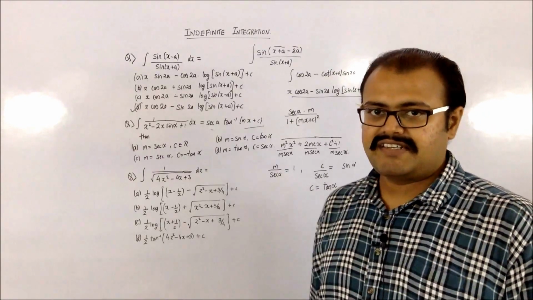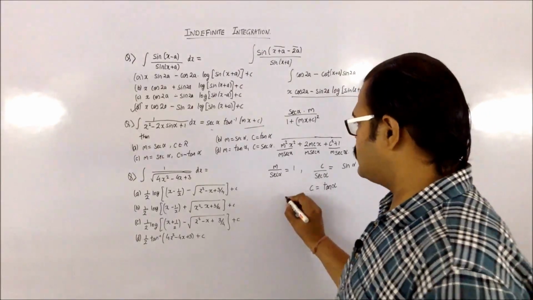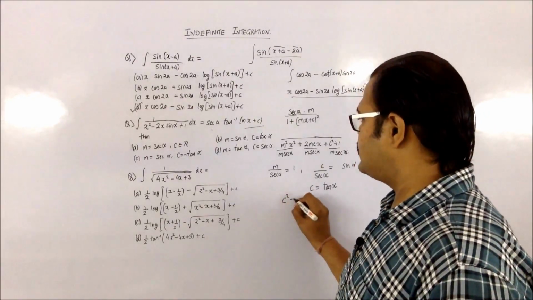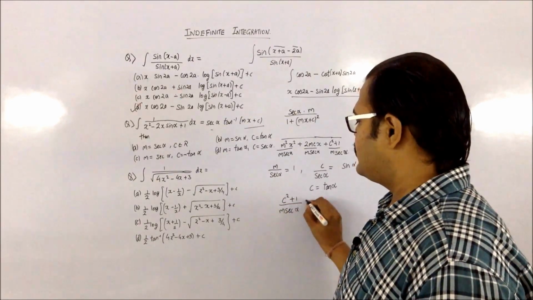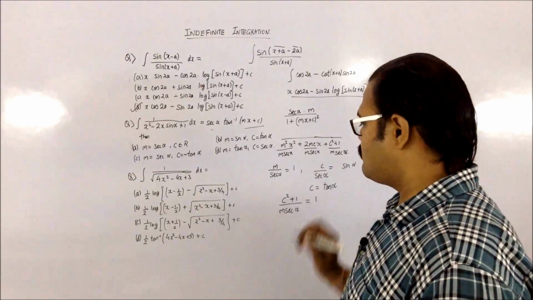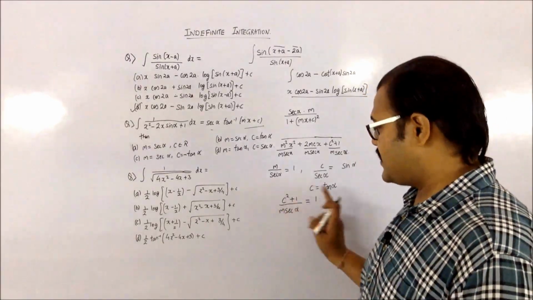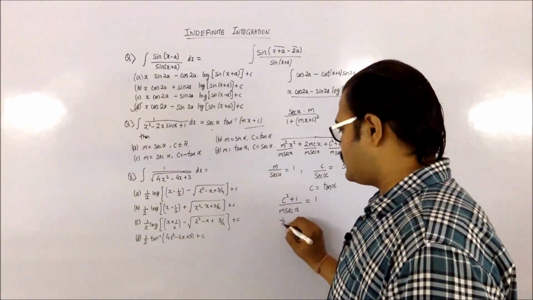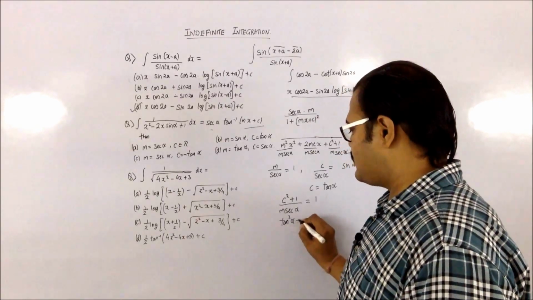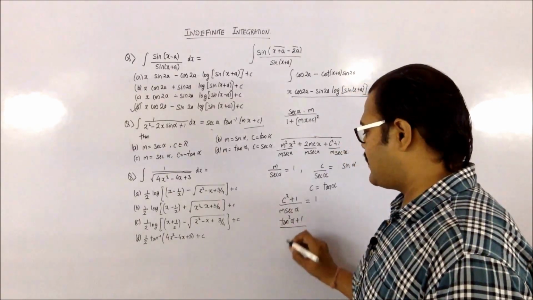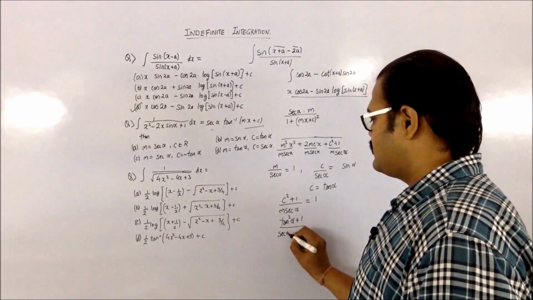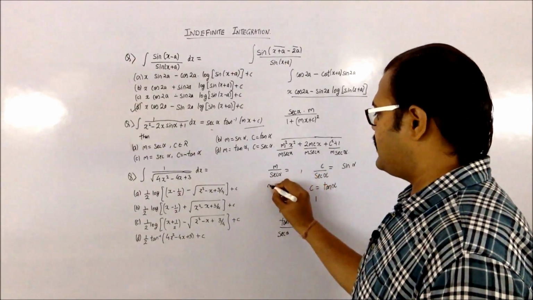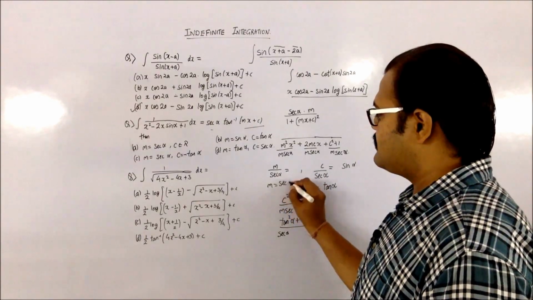Just to make sure that you are getting it right, you can go for the third term. So that's going to be c square plus 1 upon m sec alpha. That should be compared to your 1. Your c, you are getting it as tan alpha, so that's tan square alpha plus 1 divided by m sec alpha, and m is sec alpha.